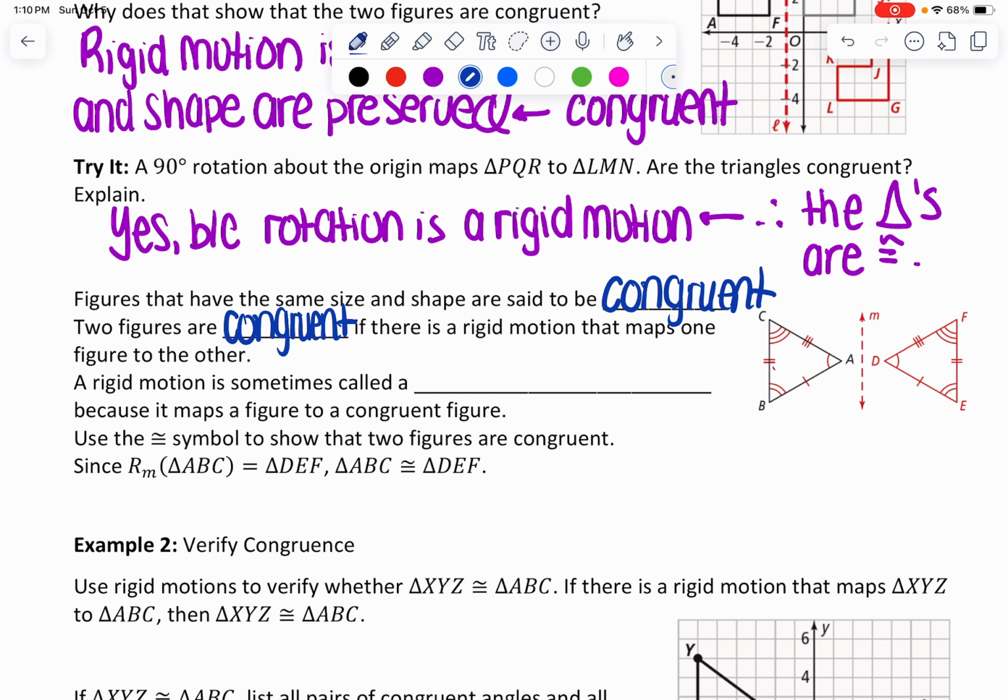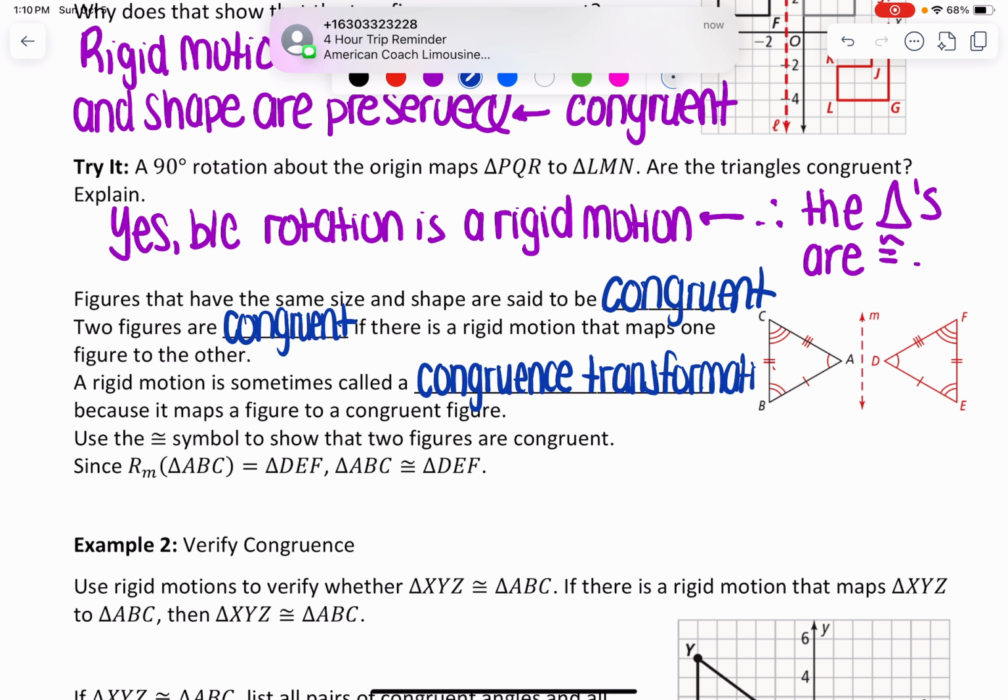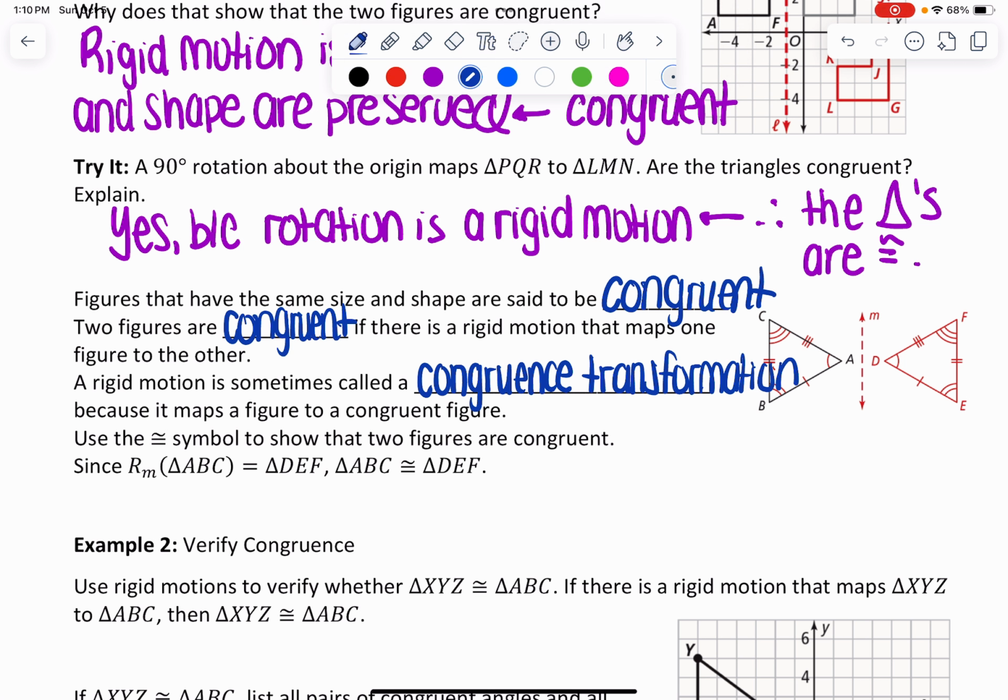You can have more than one. We also call a rigid motion, as a synonym, a congruency transformation, and one other term we use is isometry. So all those 3 words, rigid motion, congruency transformation, and isometry, mean the same thing.